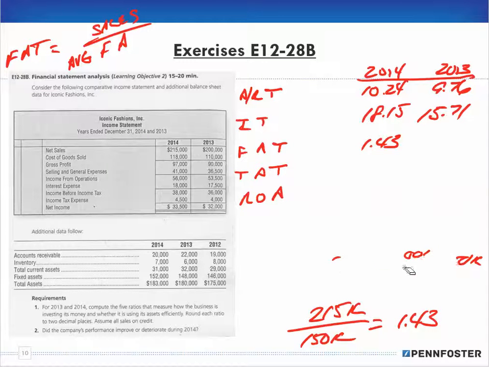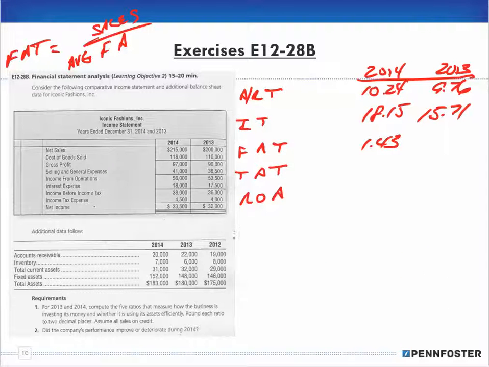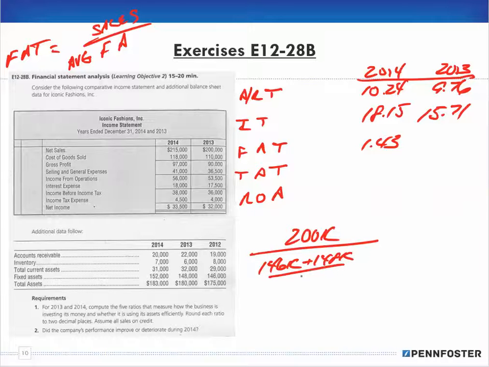All right, I'm erasing here. So for 2013, I'm talking about 200,000, and that's over 146,000 plus 148,000, divided by 2. So that's 294,000 divided by 2, or 147,000.